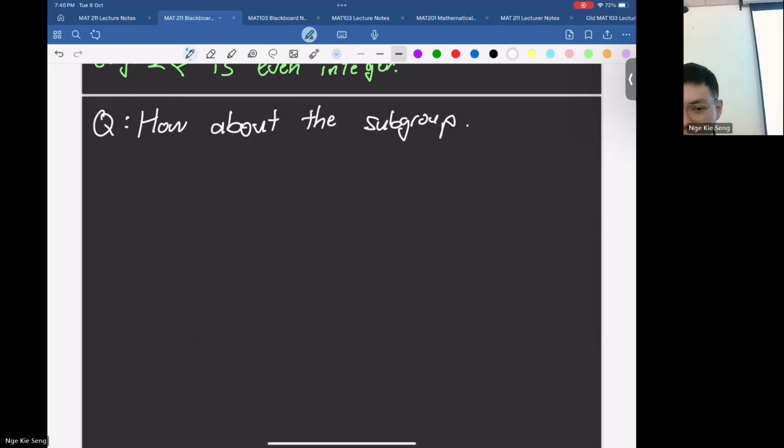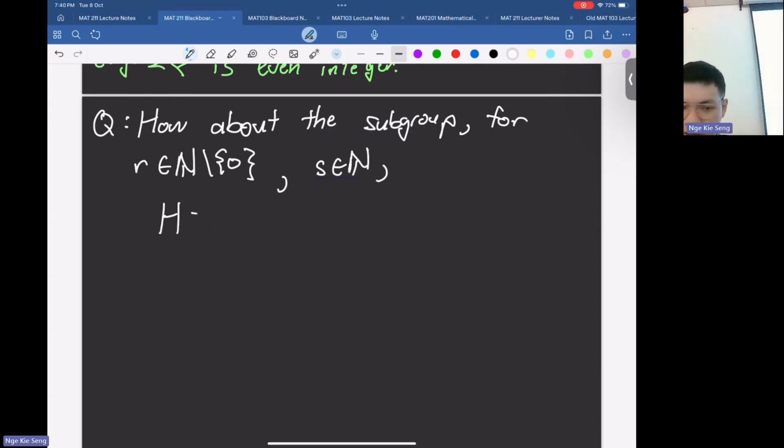We fix r to be a non-zero natural number, and then we set x to be anything. What do we do? We take all the linear combinations of these two numbers here.